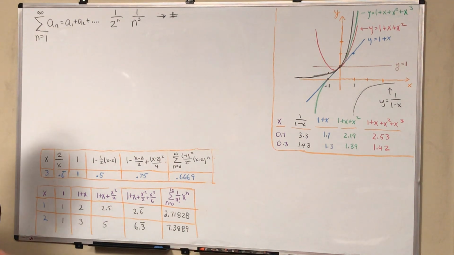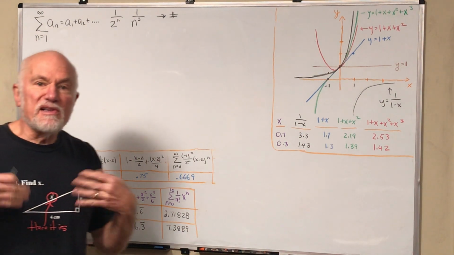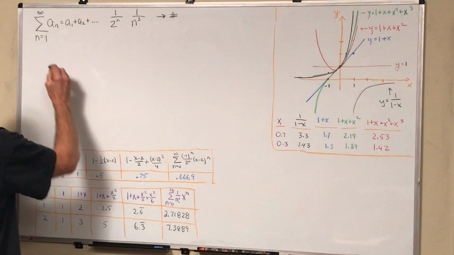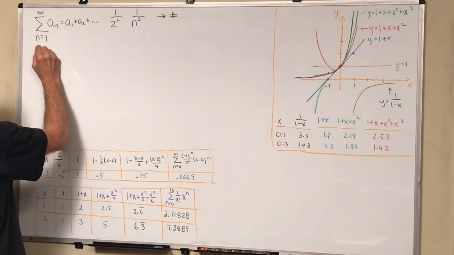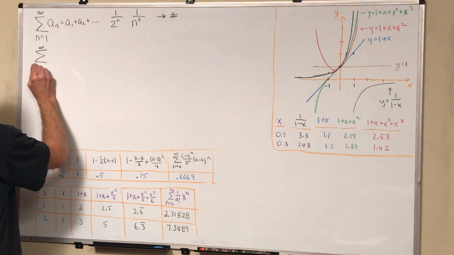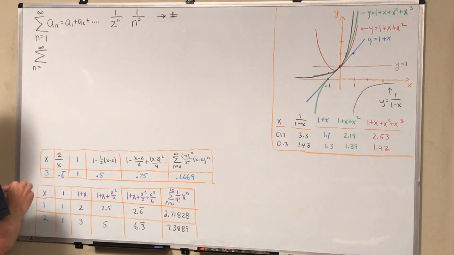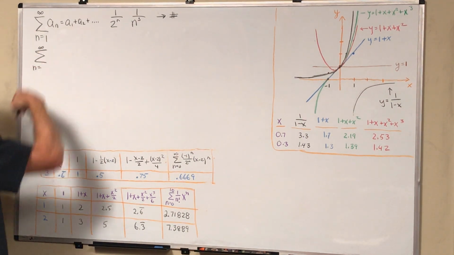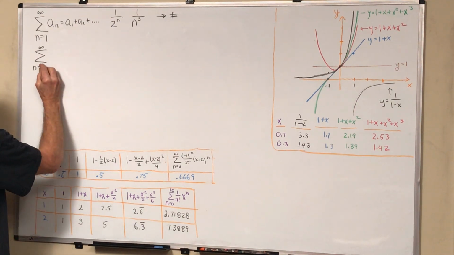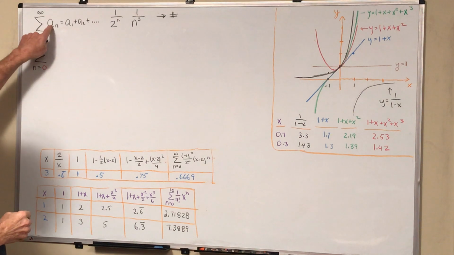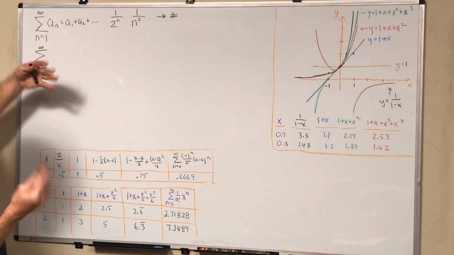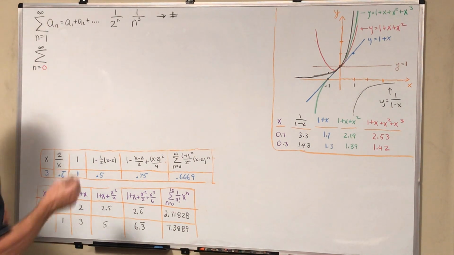So what we're going to do today, and this is what we've been kind of building up towards, we're just going to take this same series, and the only thing different, and I've been saying all along, it doesn't matter where we start, we're going to start at 0. And instead of calling it a sub n, there's nothing wrong with calling it a sub n, but I'll show you why.